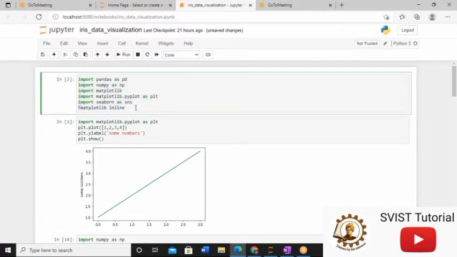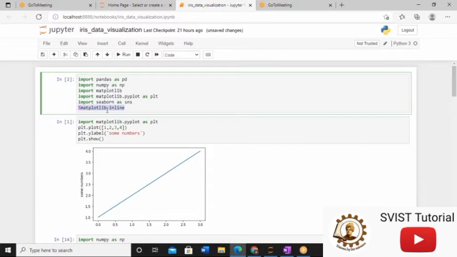Then each and every library function is now in your working space. And once they have been included, no need to use them repeatedly, because once you have written it for a particular session, it will be there throughout this session. So this is the basic conclusion that you have to keep in mind.